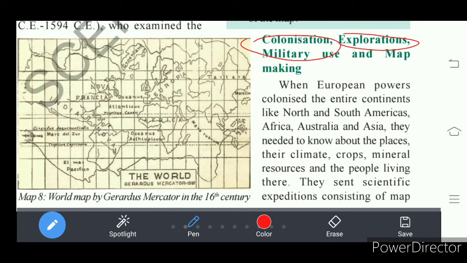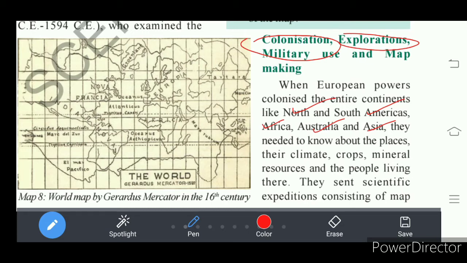When European powers colonized entire continents like North America, South America, Africa, Australia, and Asia, they wanted to know the climate of that place, what crops grow there, what mineral resources are available there, and how people are living there.